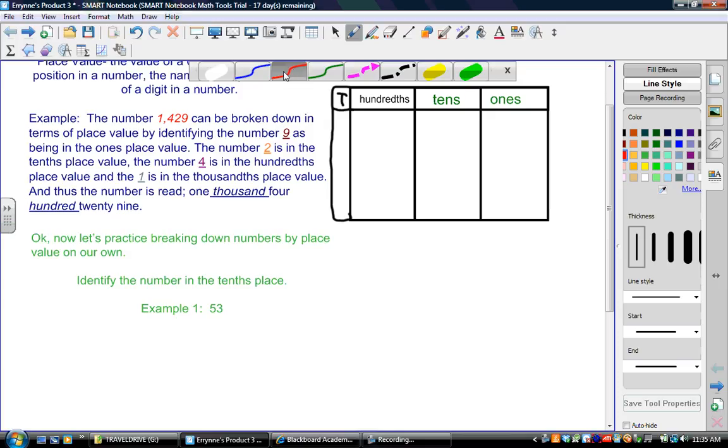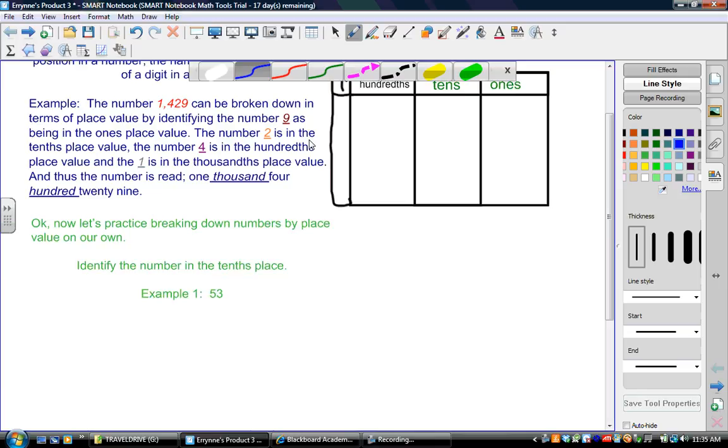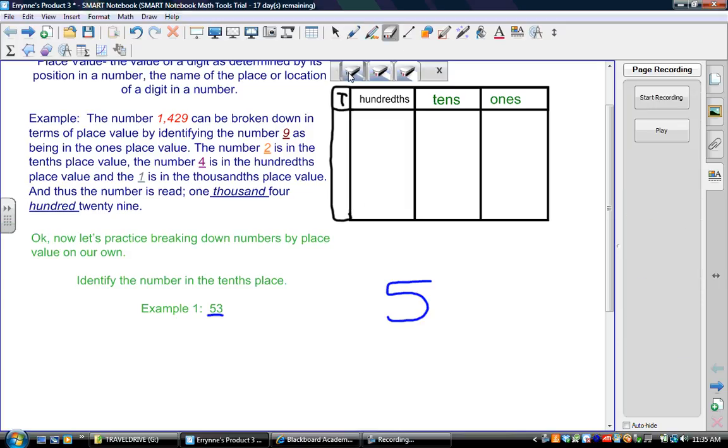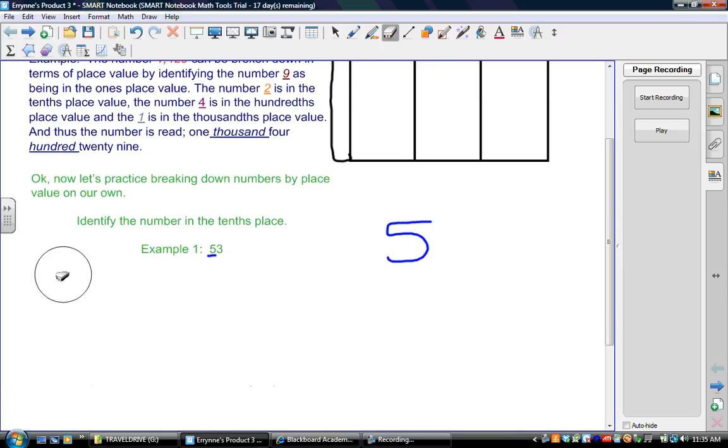All right. Jill has an answer for Miss Amy. Jill, what is the number in the tens place of the number 53? 5. Very good, Jill. Number 5 is in the tens place. That means there are 50 in the number 53. Let's do another example.